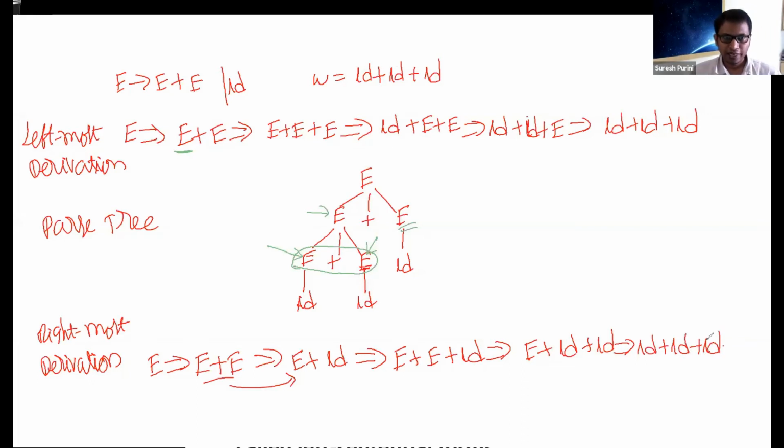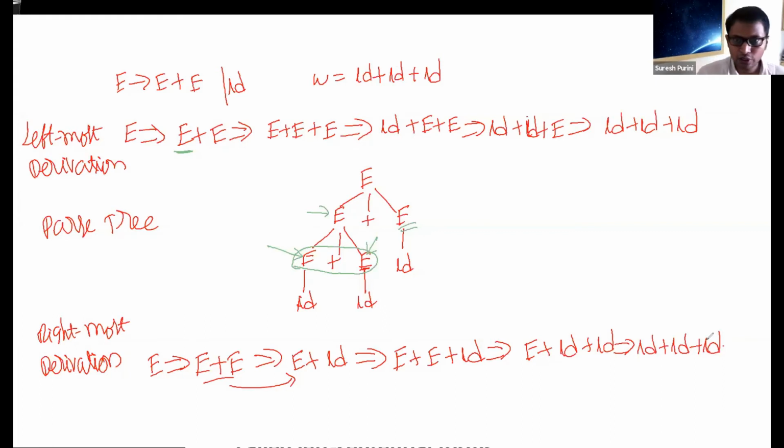So here you can see that on the top we started with the leftmost derivation, and then we constructed an associated parse tree, and from the associated parse tree we are able to recover a rightmost derivation.